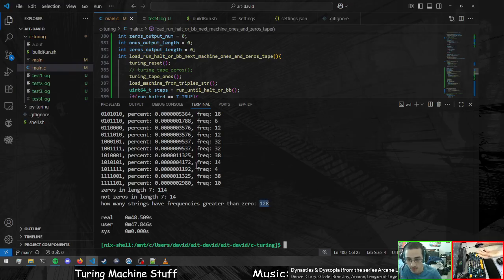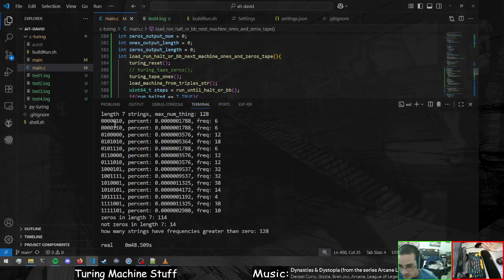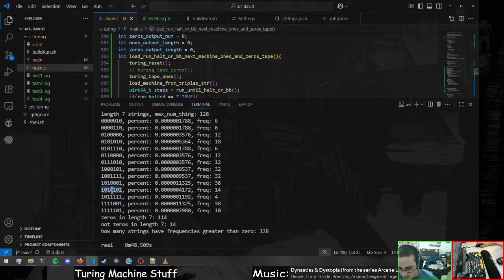Okay, well, we got all the strings now, which is good. Here we have 18. Here we have 14. That is very, very close.